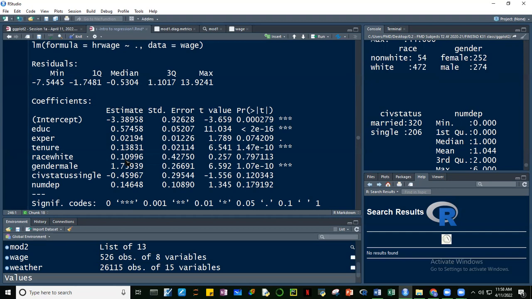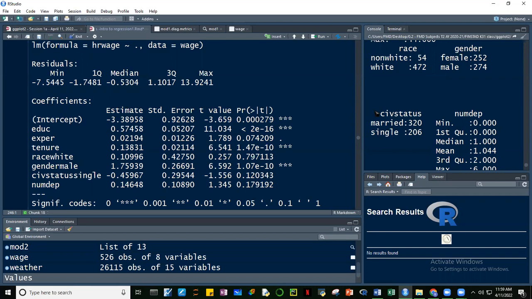Anyone, guys? Very explicit dito si R. Ang R is telling us that among this non-white at saka white, the white race will be our benchmark. Sir, so is white race the 0 or the 1? No, sorry.